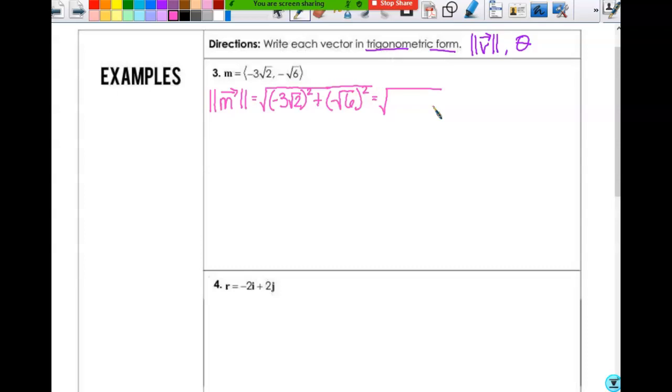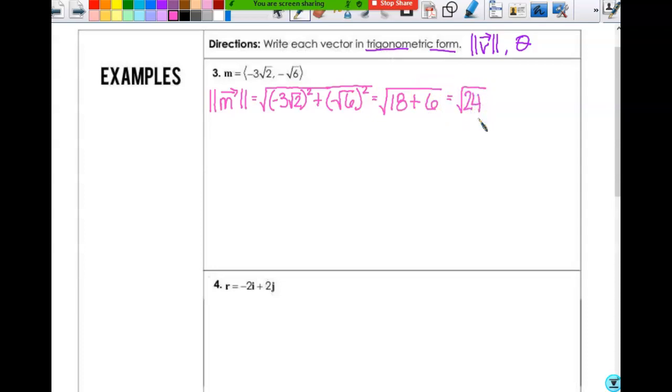What is that number? 18. And I would highly suggest doing those without a calculator because a lot of times they don't get typed in correctly, and then there we go. So this is 18 plus negative square root of 6 squared is what? 6. So that is the square root of 24.